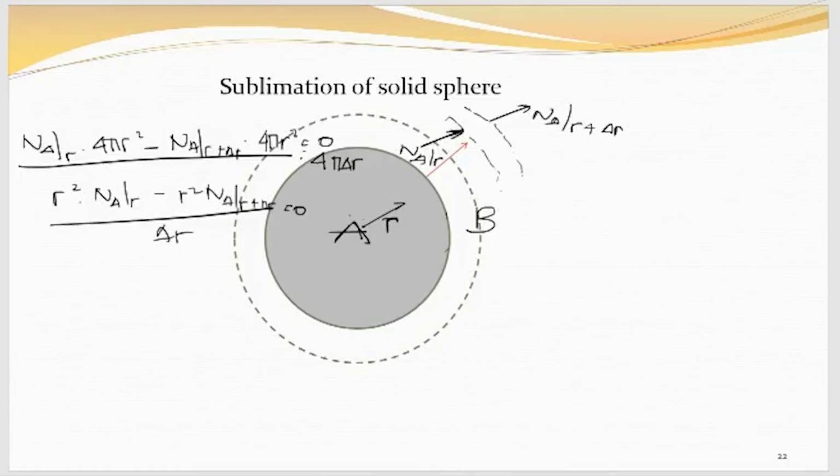Taking the limit, we get minus d(r squared N_A)/dr equal to 0.